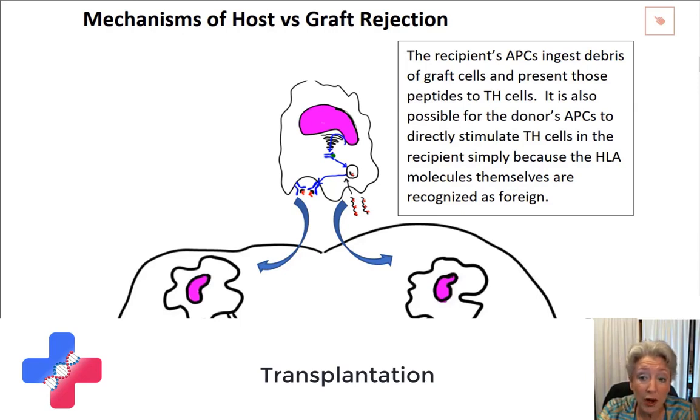So the entire process of the immune response will begin either by the APCs of the recipient ingesting debris of the engrafted cells and then presenting those peptides in the context of MHC class II, or it may be true that the donated APCs found in the engrafted tissue can simply look different enough because of their different MHC molecules that they directly stimulate the T helper cells in order to make them respond.